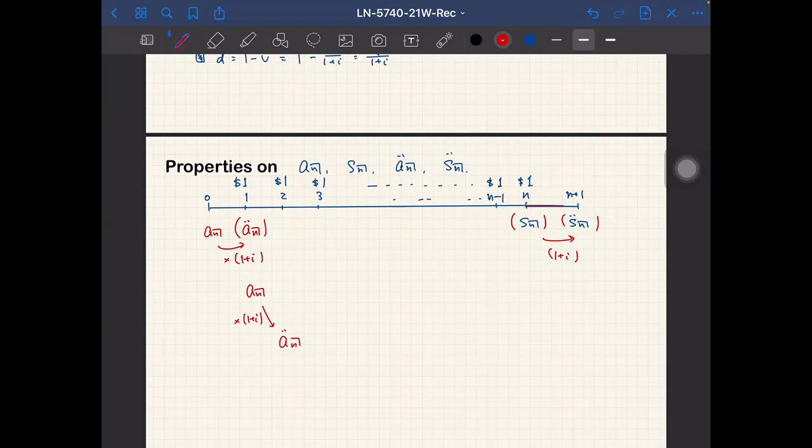And if we take A right angle n times 1 plus i to the power n, this becomes S right angle n. Further, if we multiply by 1 plus i, that becomes S double dot angle n. So this is the relationship between these 4 quantities.